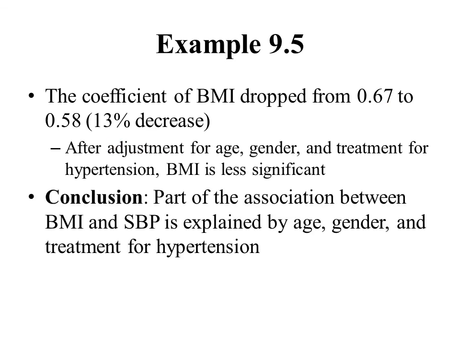So the conclusion we'd reach based off of this analysis is that part of the association between body mass index and systolic blood pressure is explained by age, gender, and treatment for hypertension. In other words, it looks like age, gender, and treatment for hypertension are indeed confounders. Body mass index is not the only variable that affects systolic blood pressure.